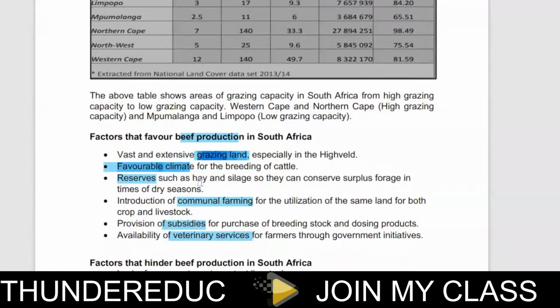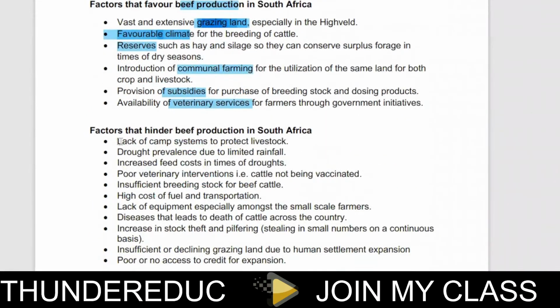In other words, we look at the human contribution. There is no interference there with nature. It's human who's coming up with those innovation reserves, communal farming, subsidies, veterinary. So that is communal. But grazing land, if it is there, it is there. You can't create it. Available climatic condition. If it's arid, it's arid. You can't change it. So you find out that those are natural factors which are not having any human contribution.